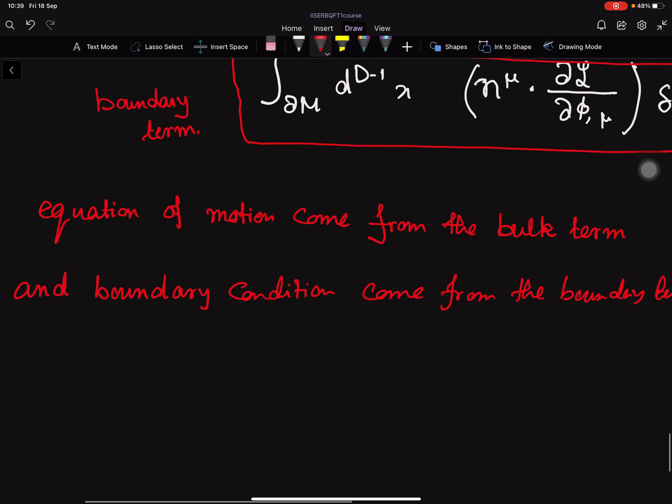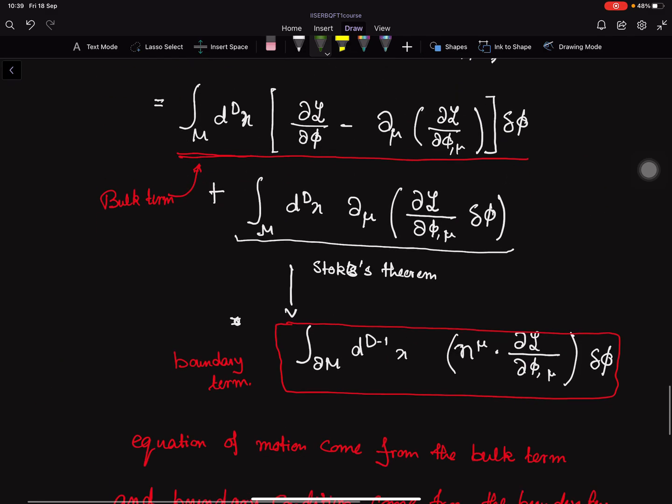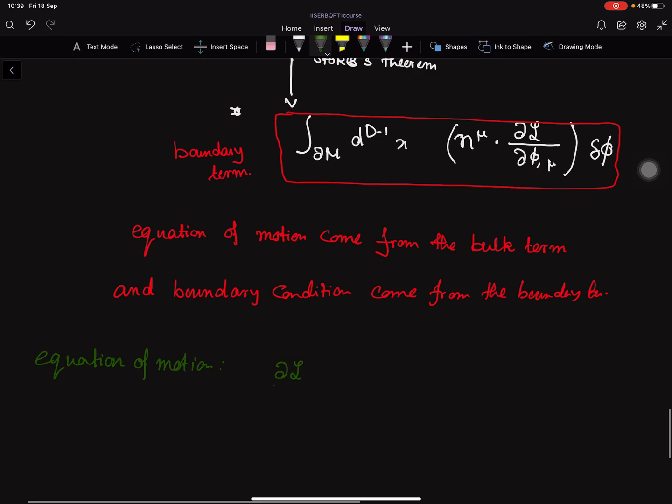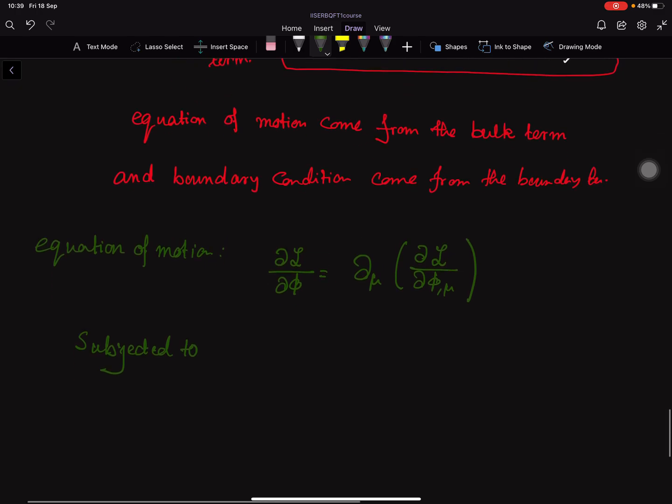So then the equation of motion in this case is simply this one, which says that del L over del phi is equal to del_mu of del L over del phi_mu, subjected to n_mu del L over del phi_mu times delta phi restricted to the boundary must be 0.